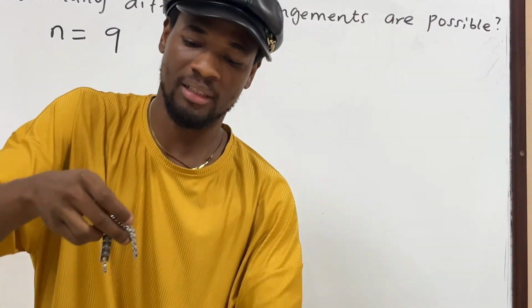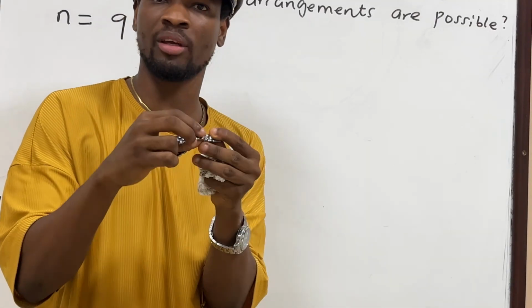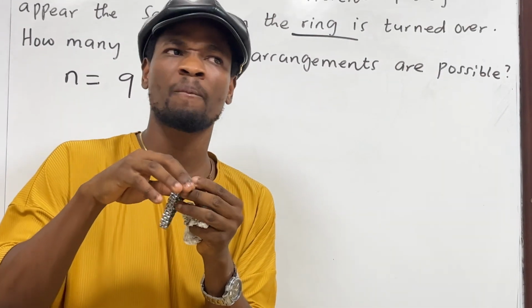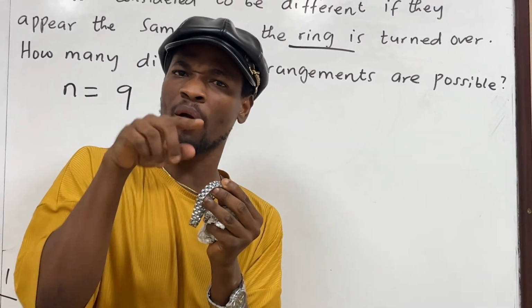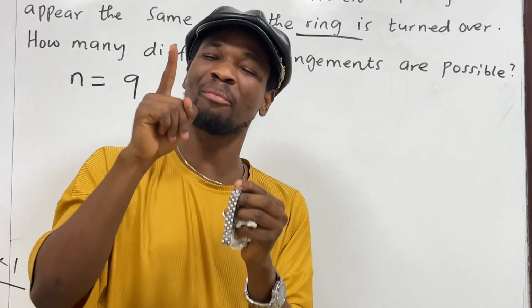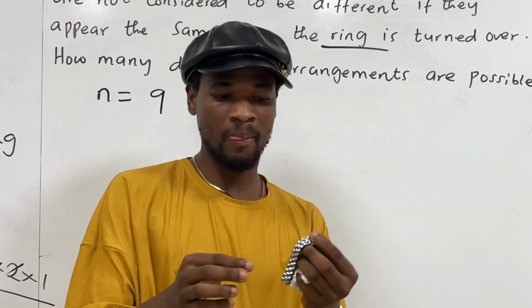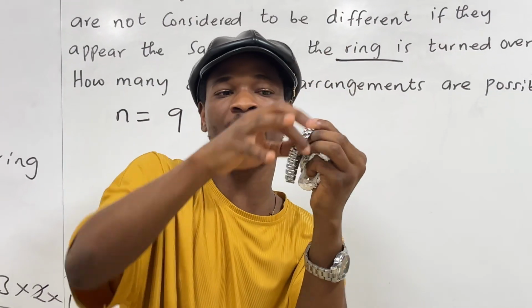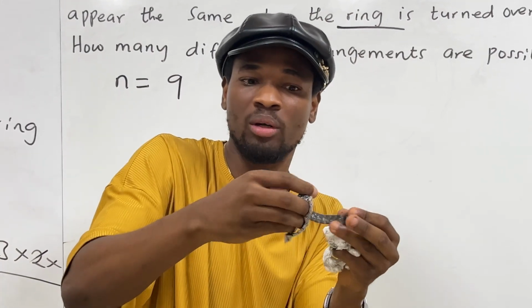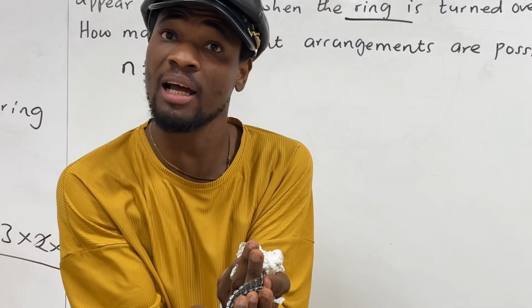If I have this side, I also told you that whenever you have a cyclic permutation or a circular arrangement where there's flipping, you also use the formula n minus 1 all factorial divided by 2. Obey the voice of the question. So here, if I flip this one on the other side, I get this side, which is just the same as this side.